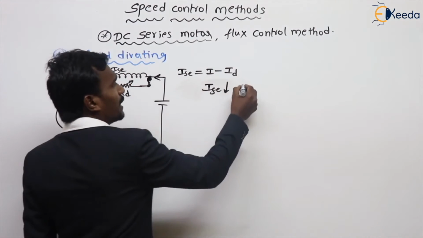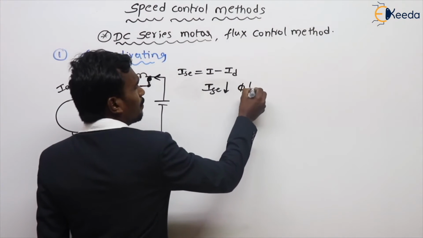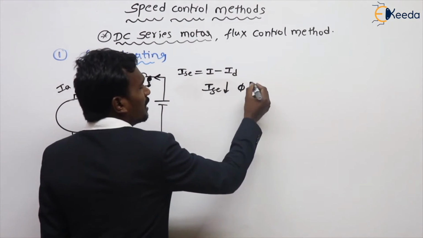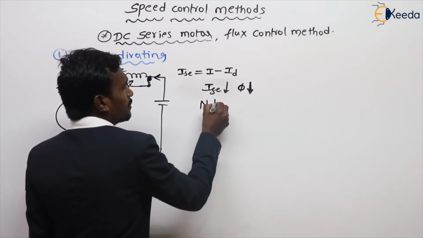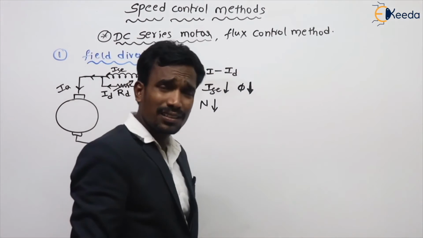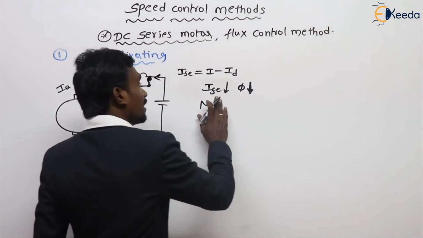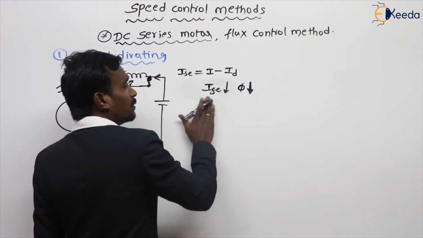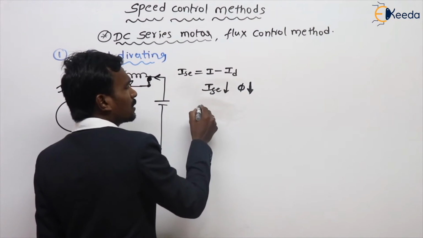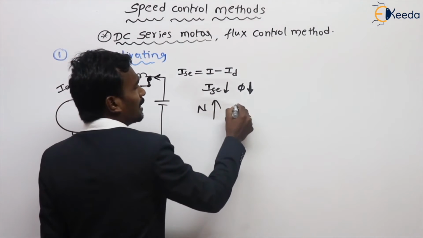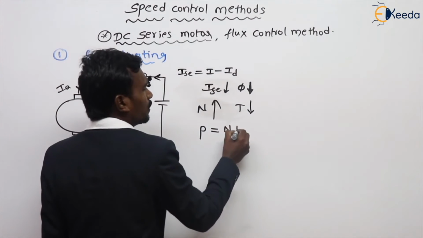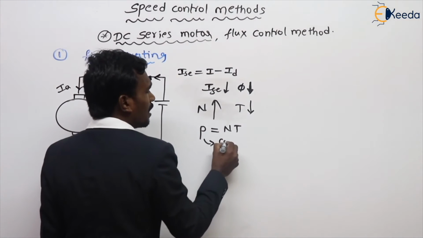When the series field current reduces, then the main field flux reduces. If the main field flux reduces, then automatically speed reduces. Is it okay? No, sir. Because the speed is inversely proportional to flux. That's why when the flux reduces, the speed increases and the torque reduces, but power equals N times T. The power is constant.